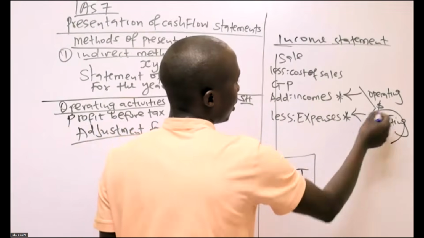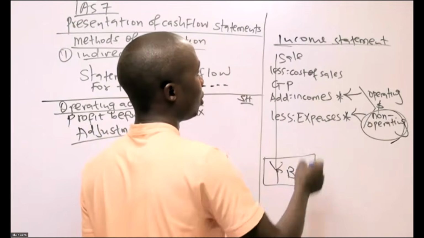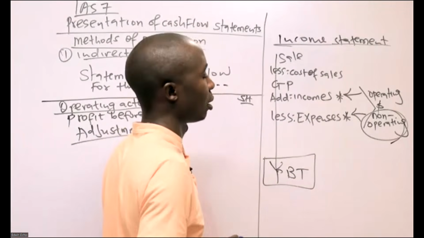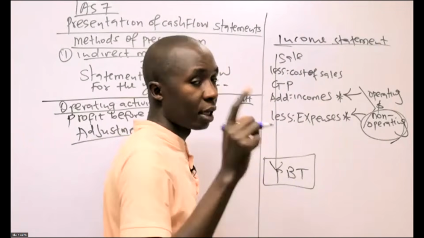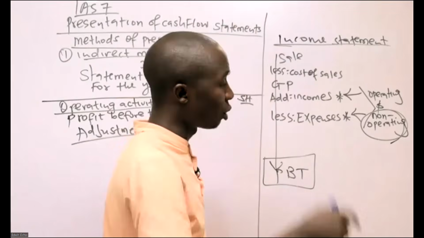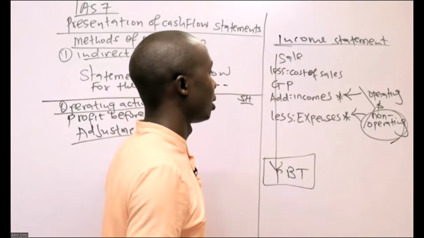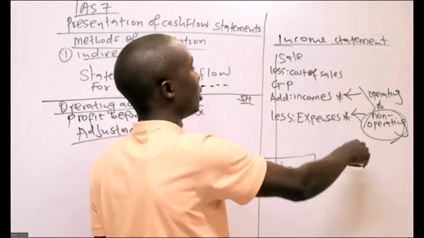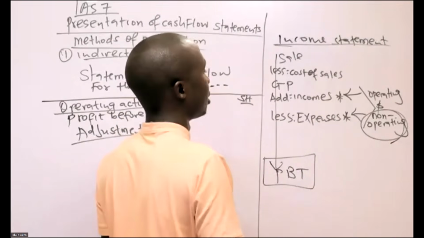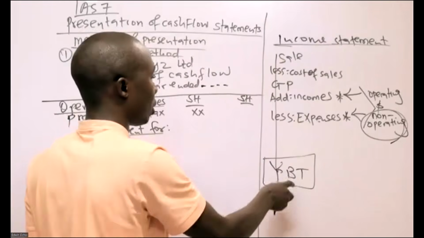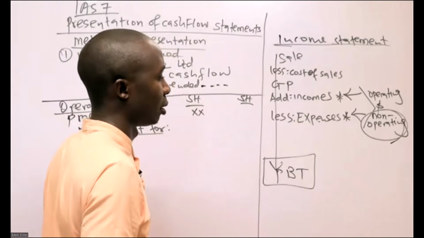They would be in the income statement and the additional information which would be given, because the items in the additional information have not been adjusted anywhere.